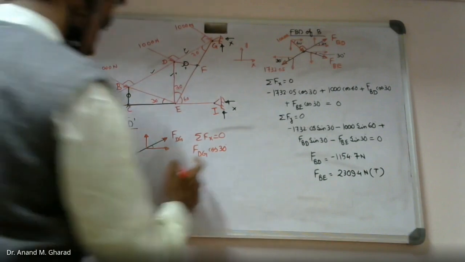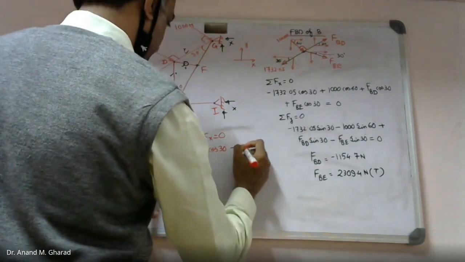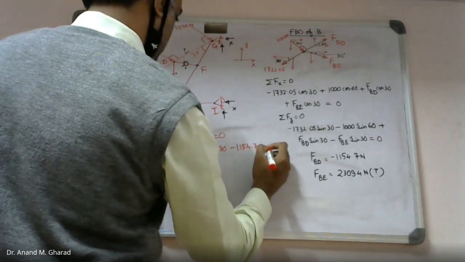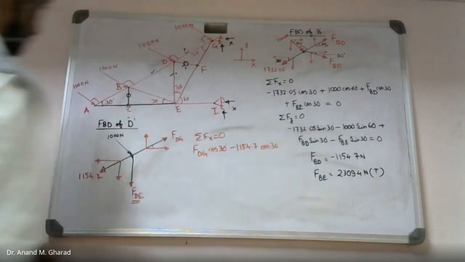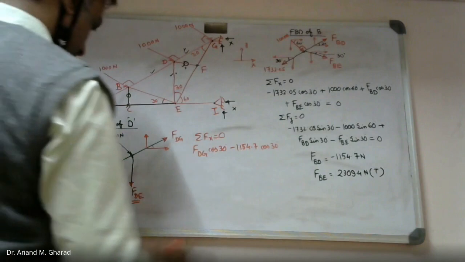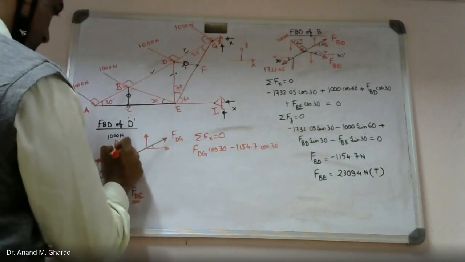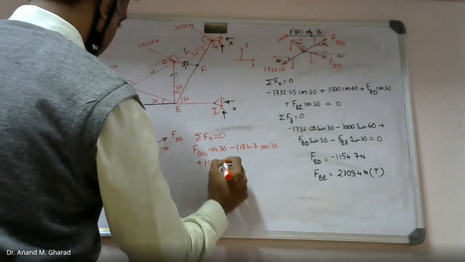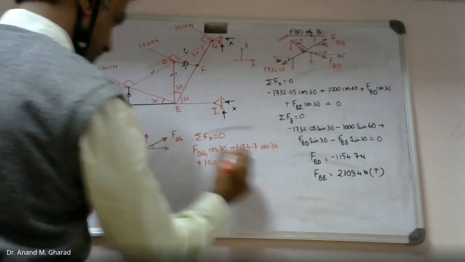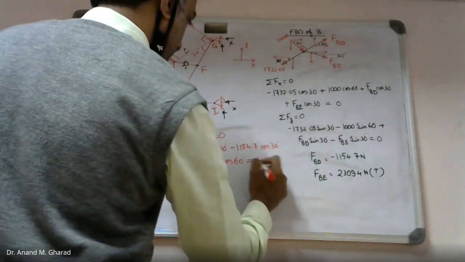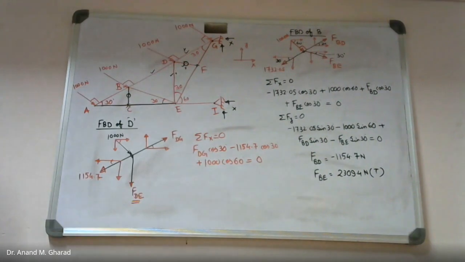Minus 1154.7 cos 30, because this is 30°, and this plus 1000 cos 60°, because this will be 60° angle. Equal to 0. How many? 1, 2, and 3.